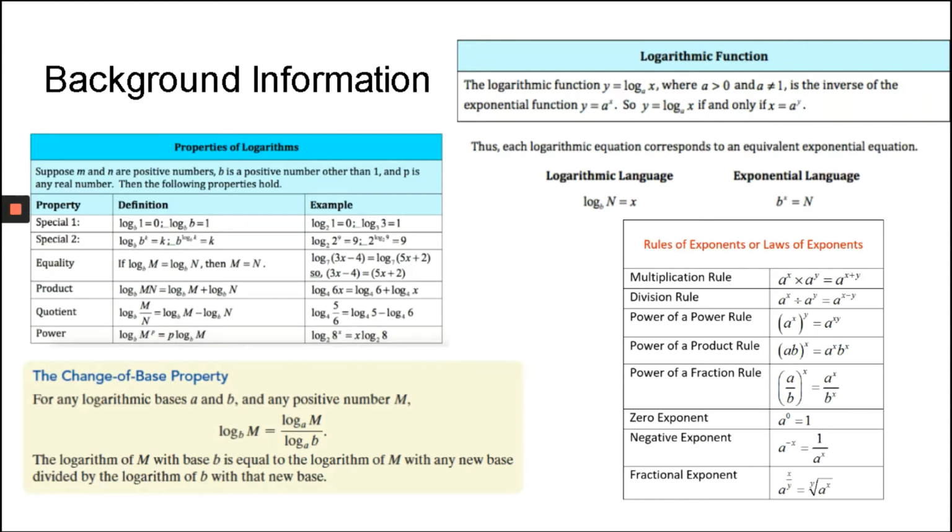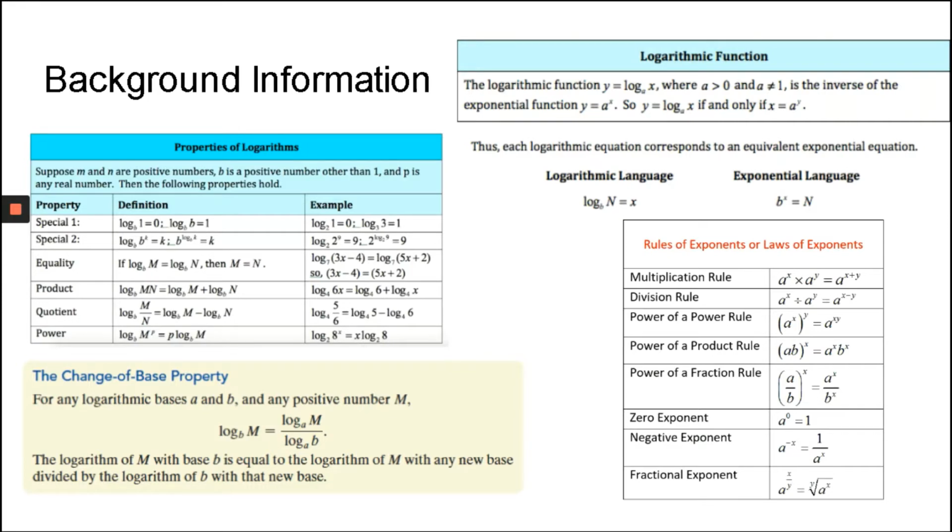Now we talk about the properties of logarithms. The ones that we're going to need in this question start with the special property, which is log base b of 1 equals 0, and log base b of b equals 1.